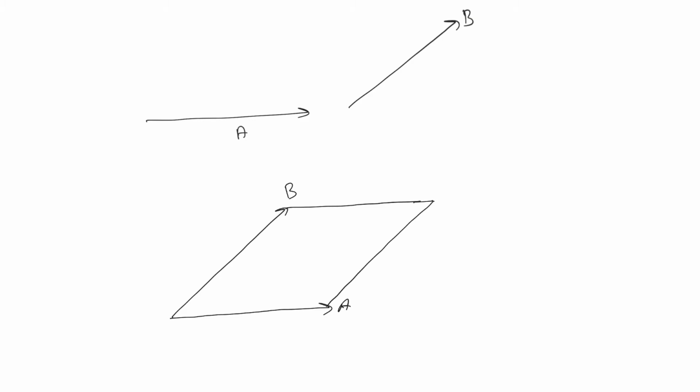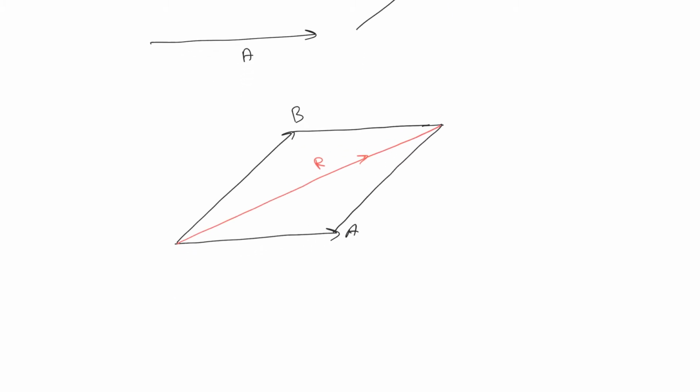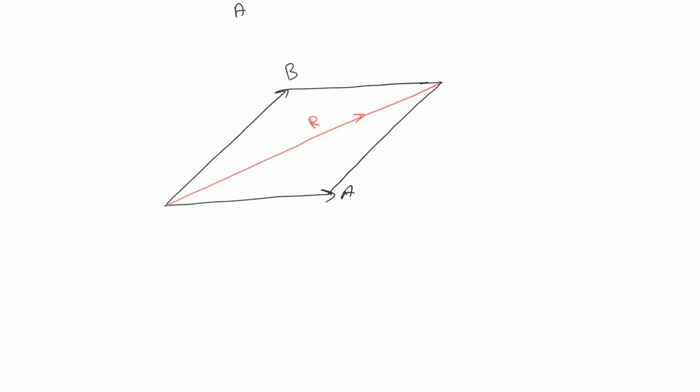Then the diagonal between this a vector and b vector is going to give the value of our resultant vector. Now we want to find the magnitude as well as direction of this resultant vector. If we are able to construct a right angle triangle, then we can find the value of r by using the Pythagoras theorem. So we are going to construct a right angle triangle over here.